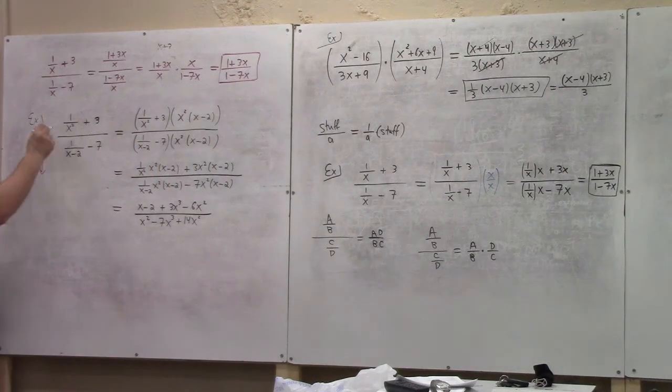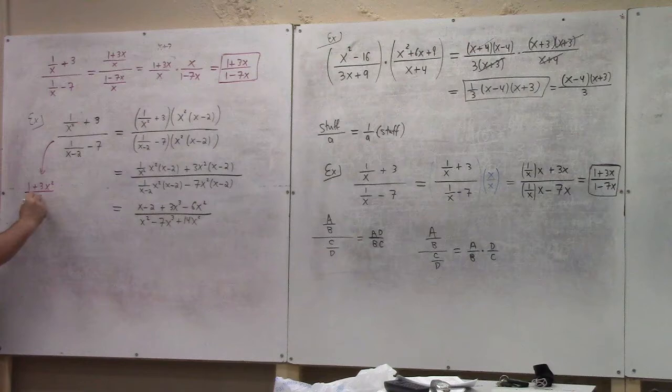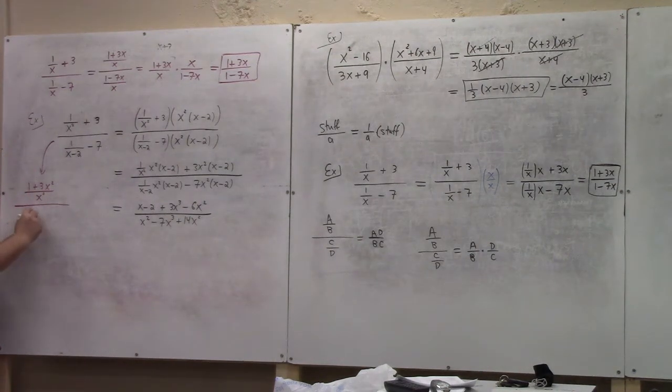This would become what? Common denominator upstairs. We have 1 plus 3x squared over x squared, right? Divided by 1 minus 7 times x minus 2 over x minus 2.